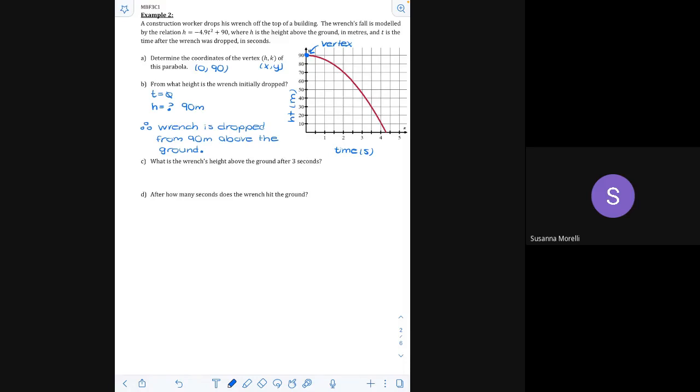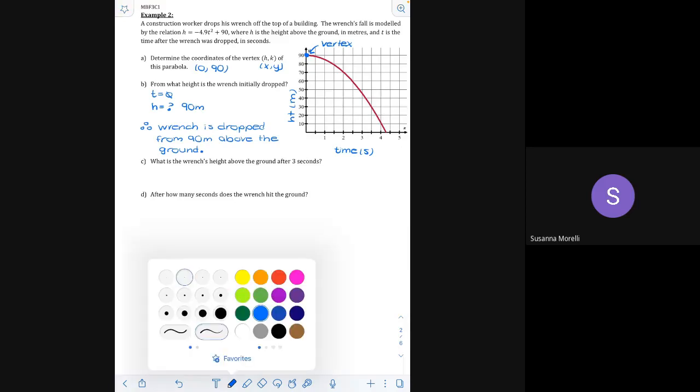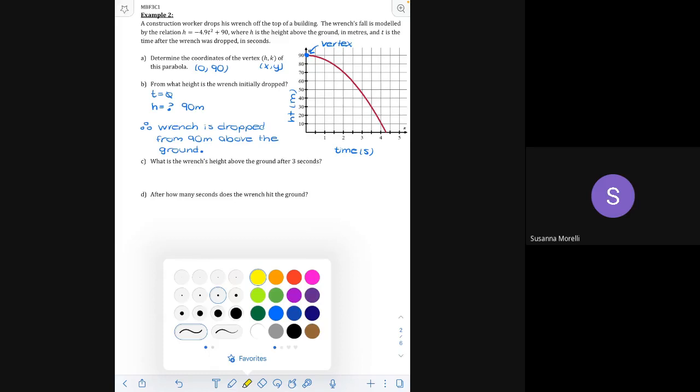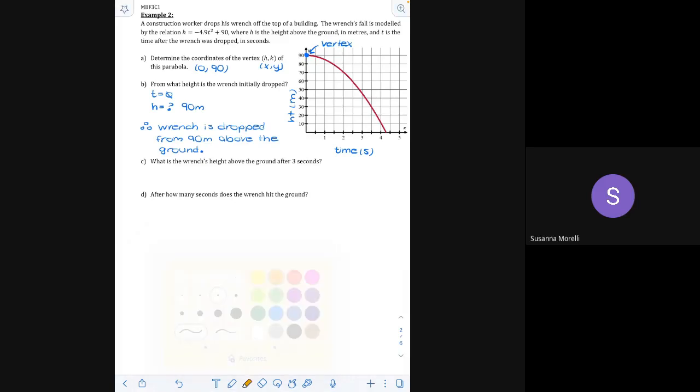What is the wrench's height above the ground after 3 seconds? Okay, so there's that path. That red line is the path of the wrench over time, from when it initially drops off the building until it hits the ground. They want to know here, after 3 seconds, how high is the wrench? So 3 seconds, that's time.